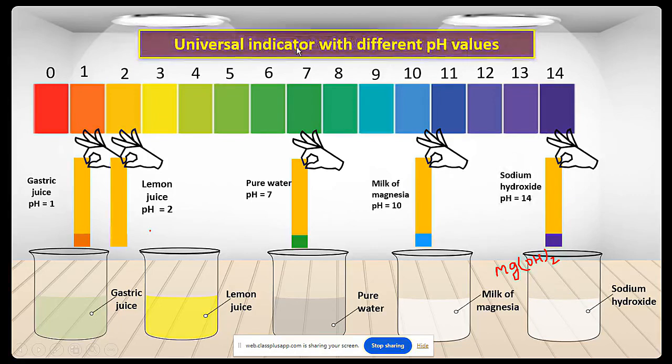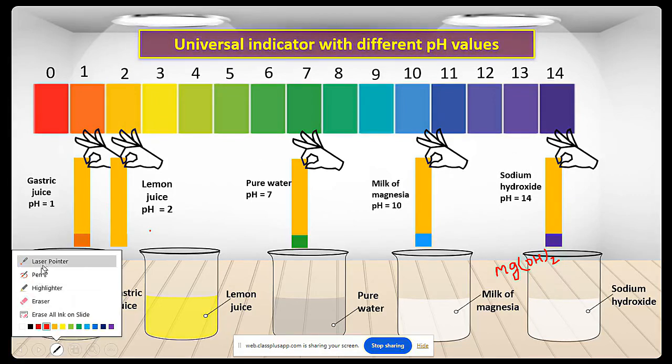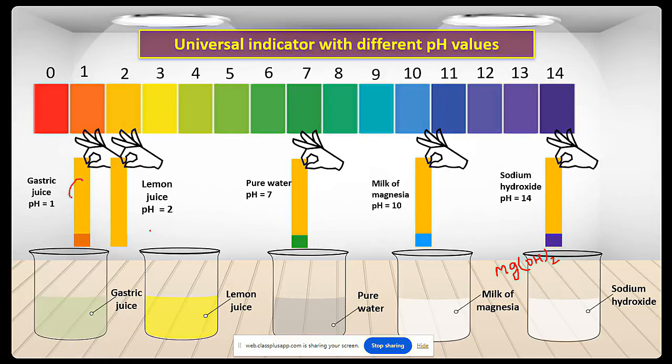So universal indicator with different pH values we have seen. This yellow color is universal indicator. With the help of universal indicator, we have identified the pH value of the following juices.